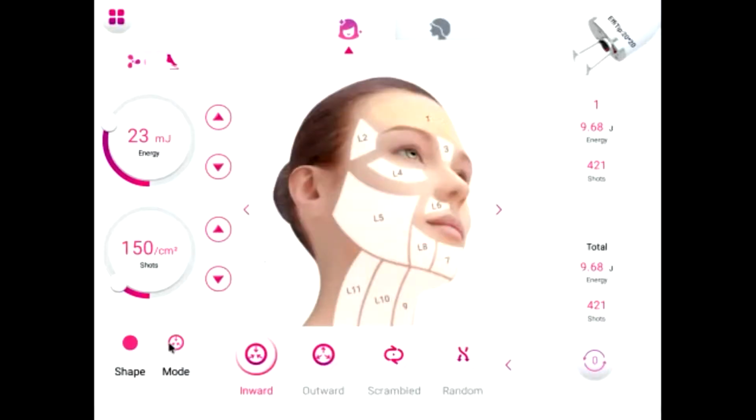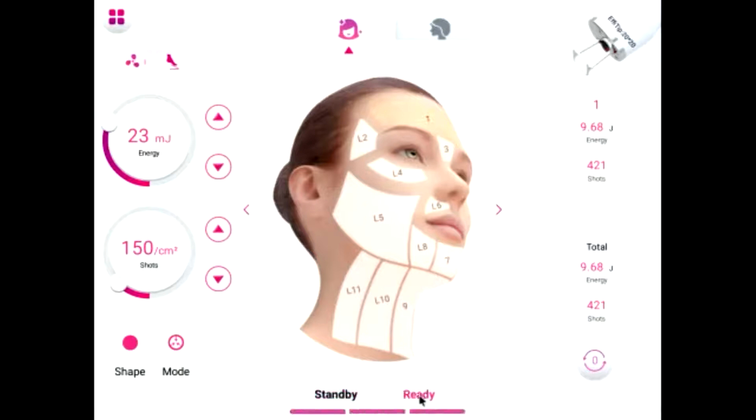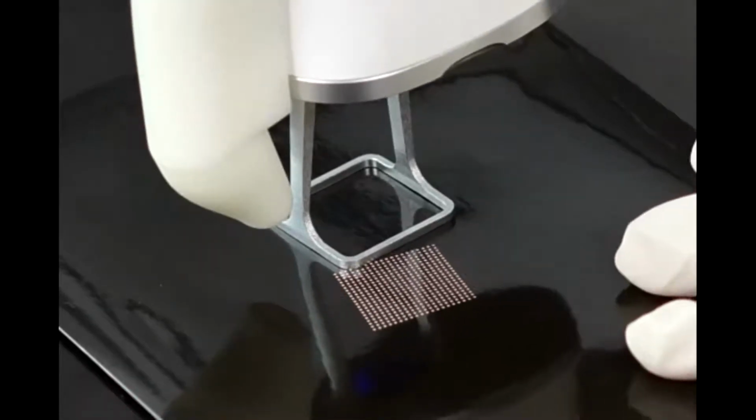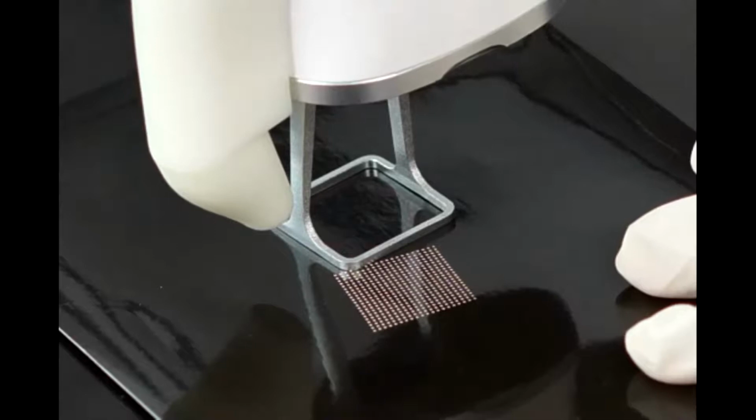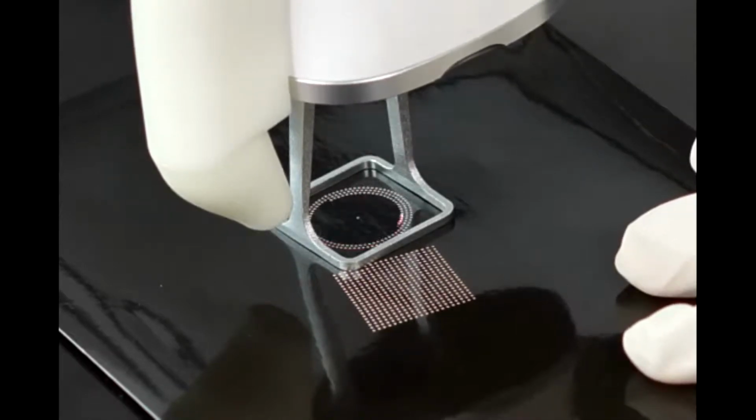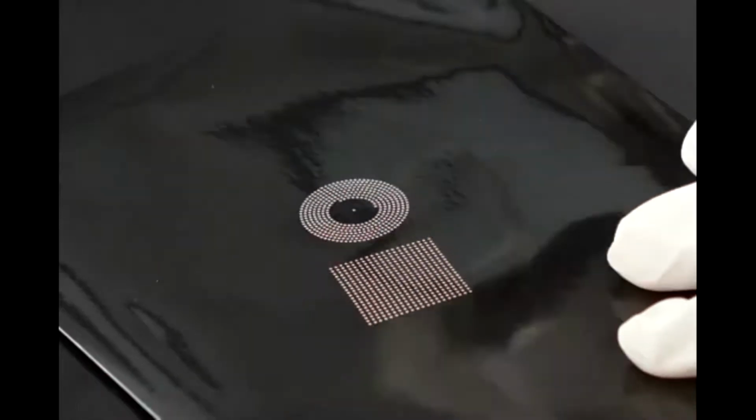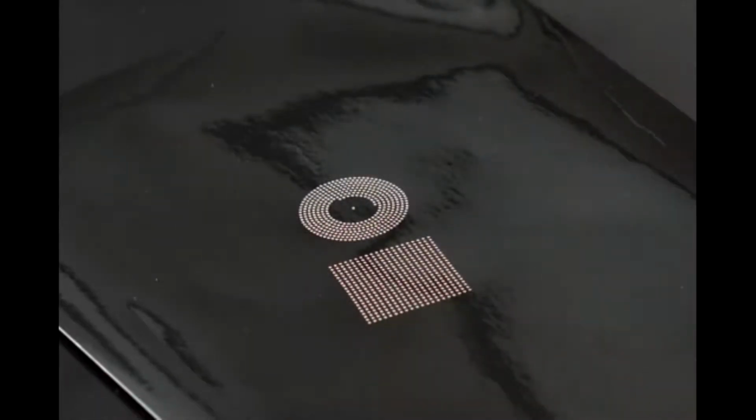And the mode with the inward. And ready? Okay, you can see it clearly.